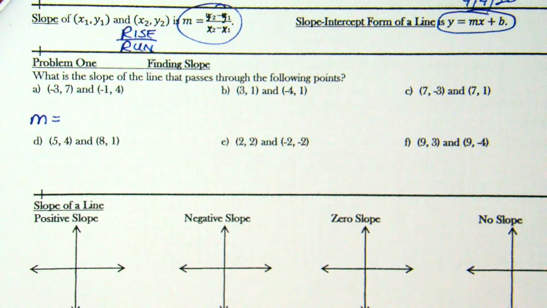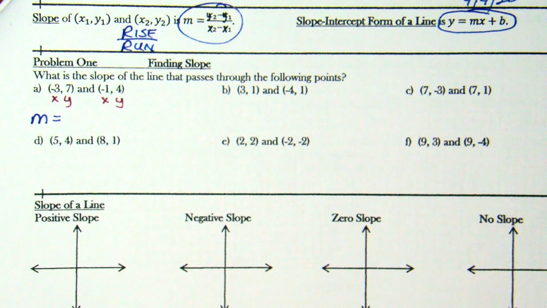And there's nothing wrong with going in and labeling X, Y, so you make sure you get the right numbers. So on top, it's supposed to be Y2 minus Y1. What do you want to do on top then if it says Y2 minus Y1? Seven minus 4?